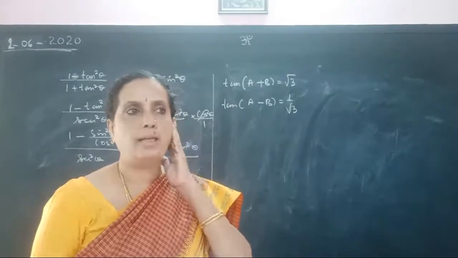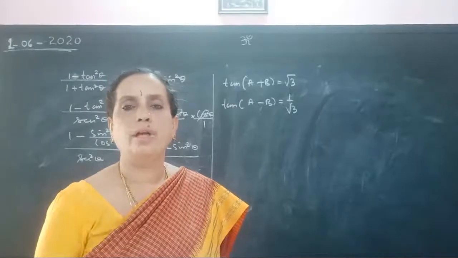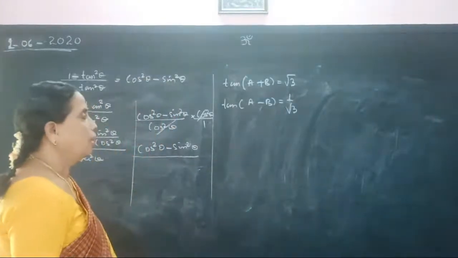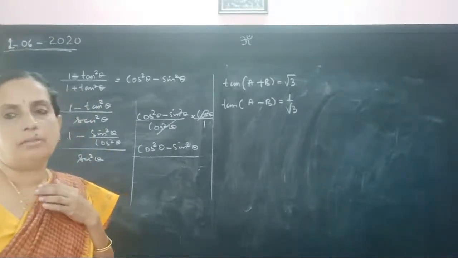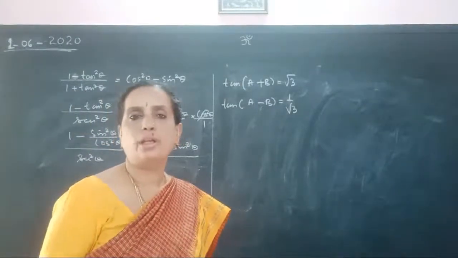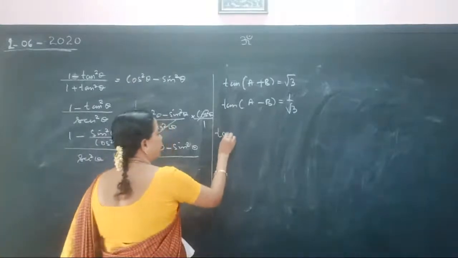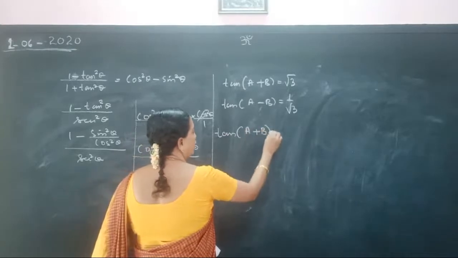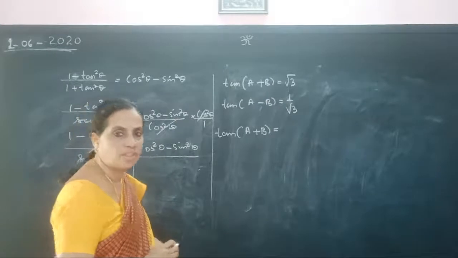Using specific angle values, you will get two equations. Solving, you will get the values of a and b. So how to write root 3 in terms of tan? We know that tan of 60 degree gives the value root 3. So we can express the first condition as tan of a plus b equals root 3, which is tan 60 degree.